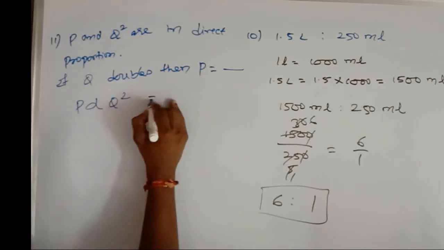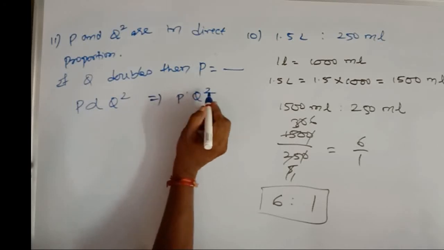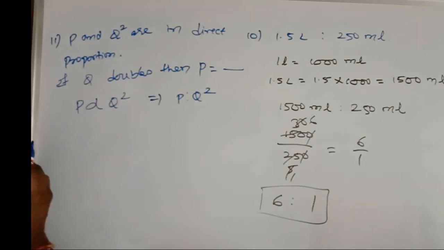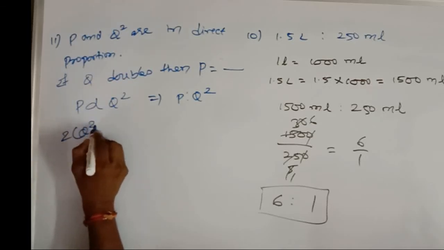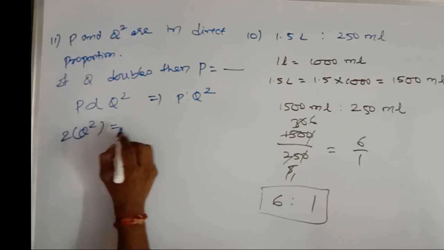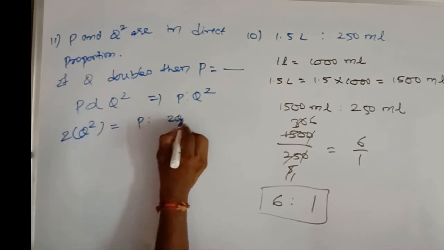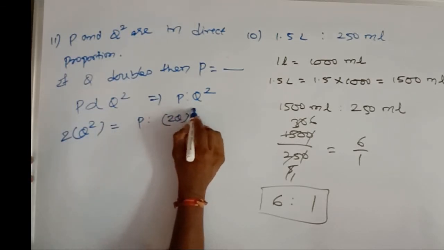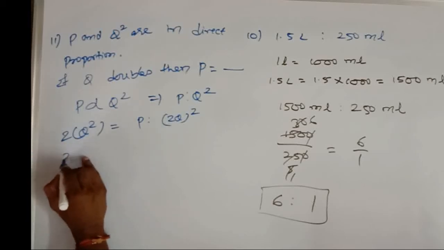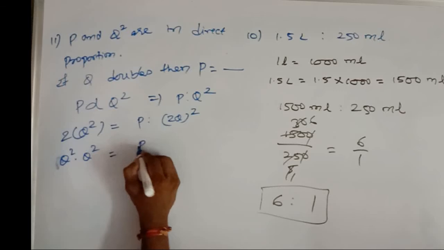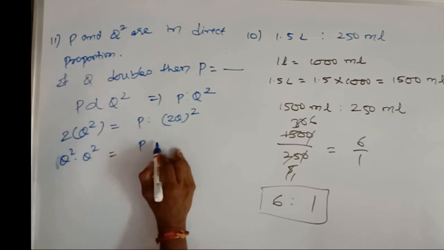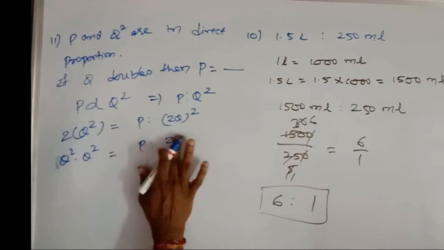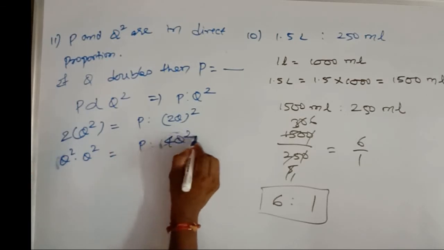That means P is to Q square. Now if Q is doubling, then 2 into Q square is equal to P is to 2Q whole square. P is to 2Q whole square is 4Q square.